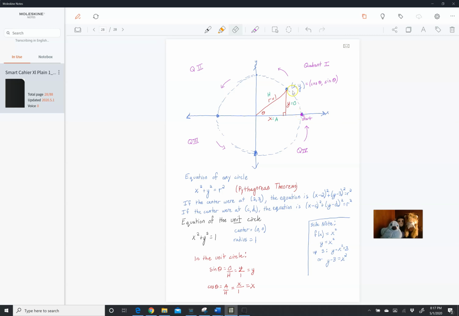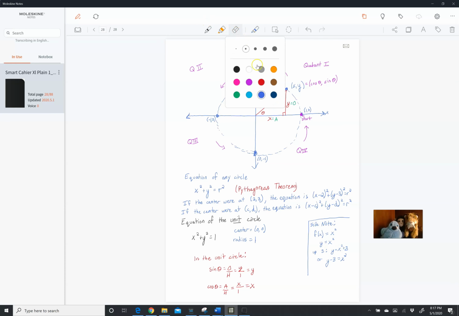I'm going to label the 4 coordinates. This is 1, 0. This is 0, 1. This is negative 1, 0. And this is 0, negative 1. Now we can also label this in terms of degrees.